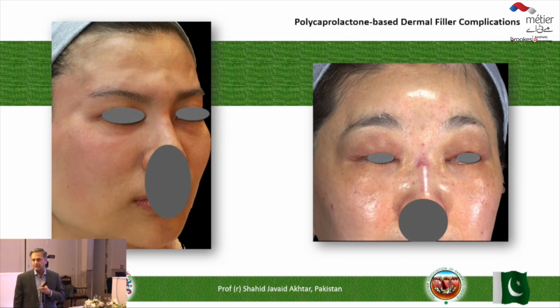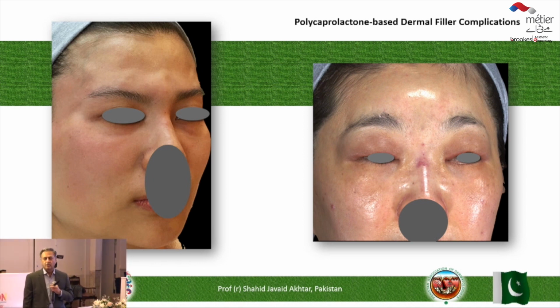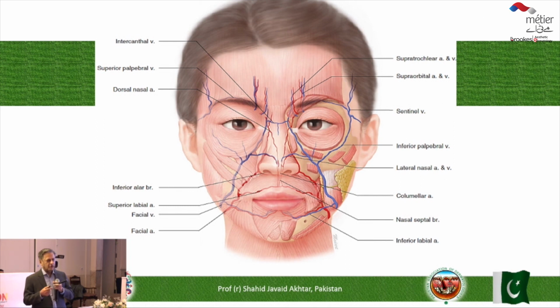Nowadays, HA fillers are incorporated with many other chemicals like vitamins, and especially important is the PCL fillers, but these PCL fillers often give rise to inflammatory response, and they cannot be resolved with the hyaluronidase. So be conscious when you are using a mixture of HA filler with some of the components.